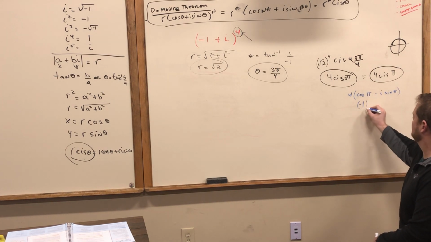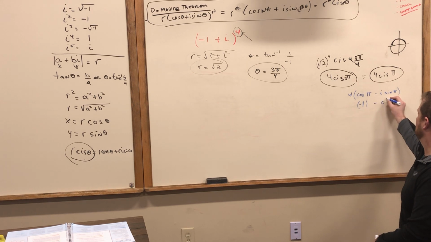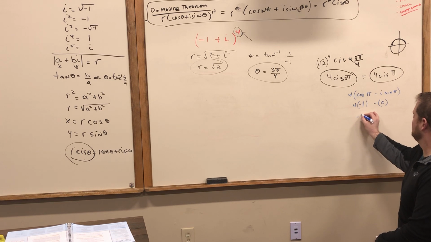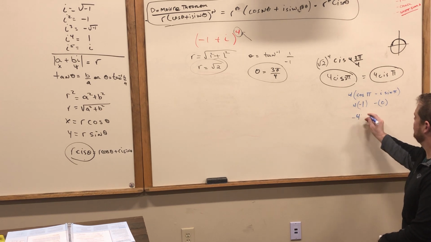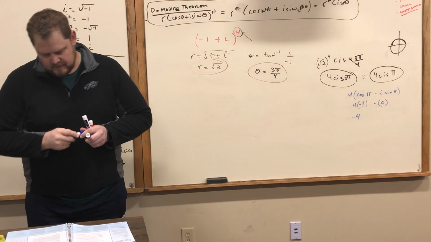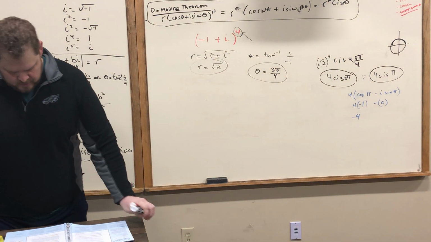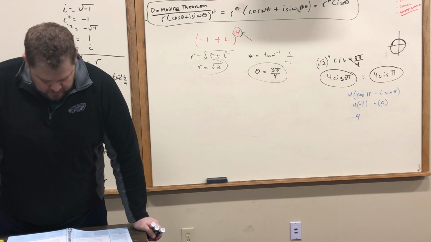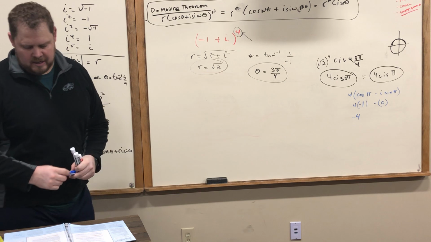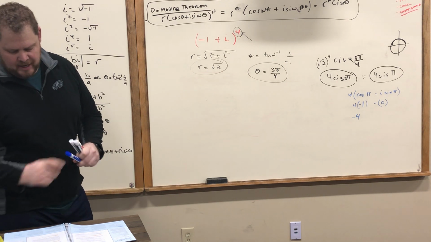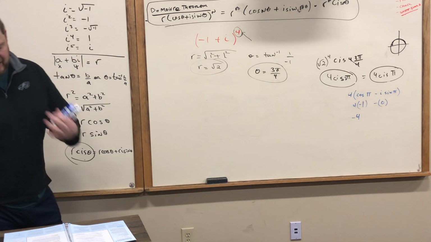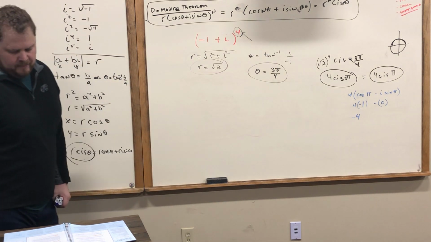Negative 1, plus 0, times 4. What does that give me? Negative 4. Everybody agree with me? That's how you can change the answer back to rectangular form, and you'll see that it actually works wonders that way, all right?